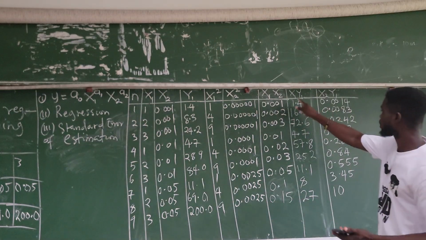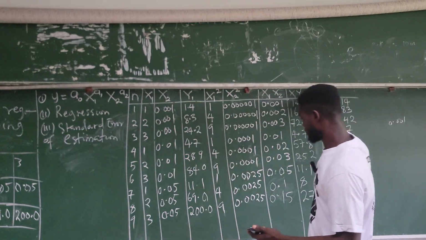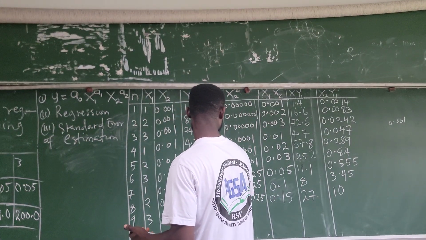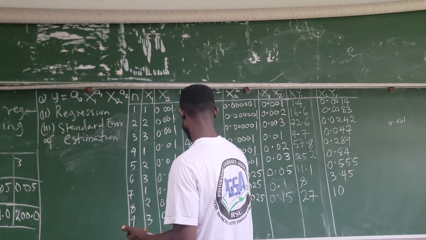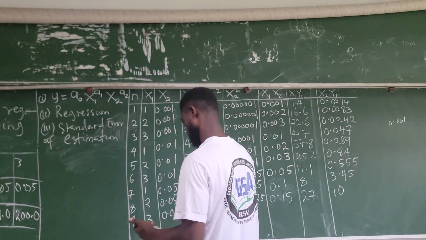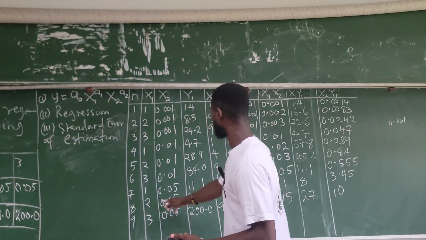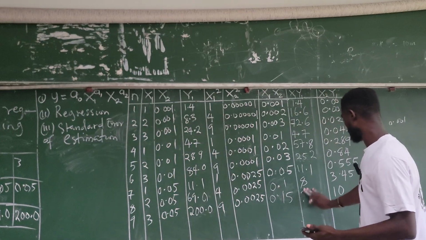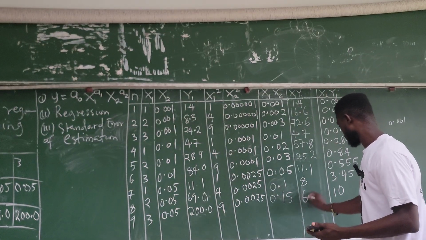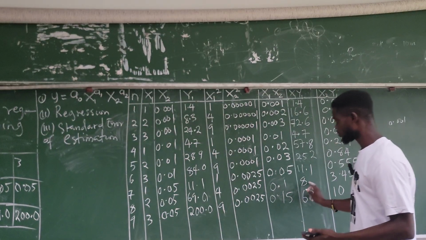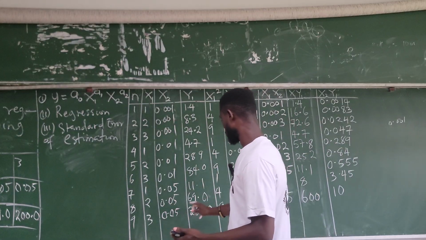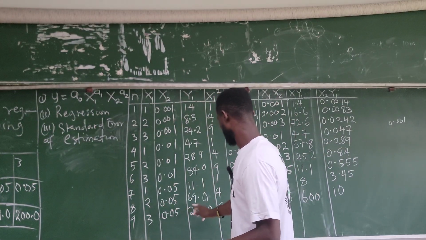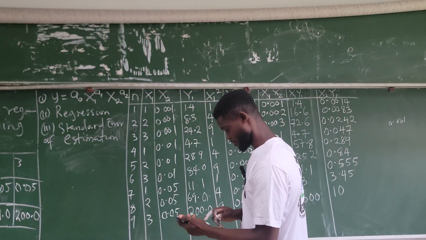Sorry, x1 and y1. Sorry, there is an error here. Here is supposed to be 600. That is x1 and y1. Why this also 0.05 2 times 69.0?